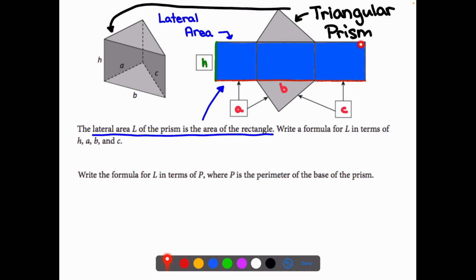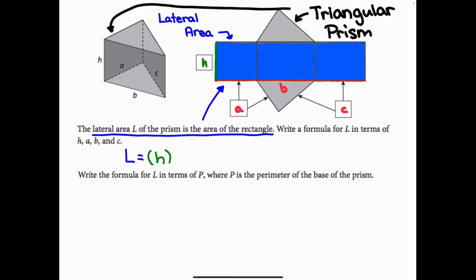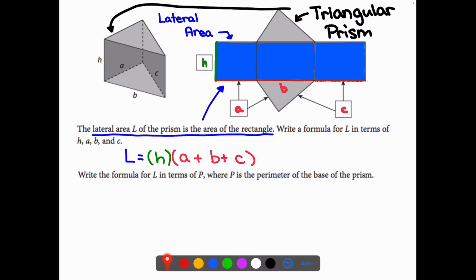And we know that the area of a rectangle is just base times height. So therefore, lateral area is equal to height times our base. Well, our base is A plus B plus C. And this is how we can find the lateral area anytime.